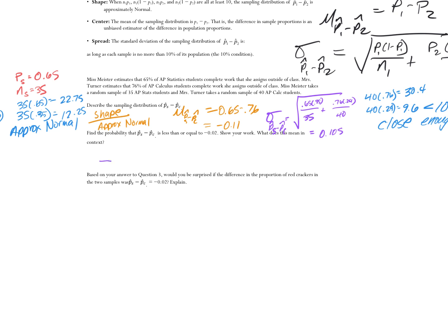So next, let's go ahead and draw a picture of that. And if I want to know what is the probability that the difference of statistics minus calculus is less than negative 0.02.